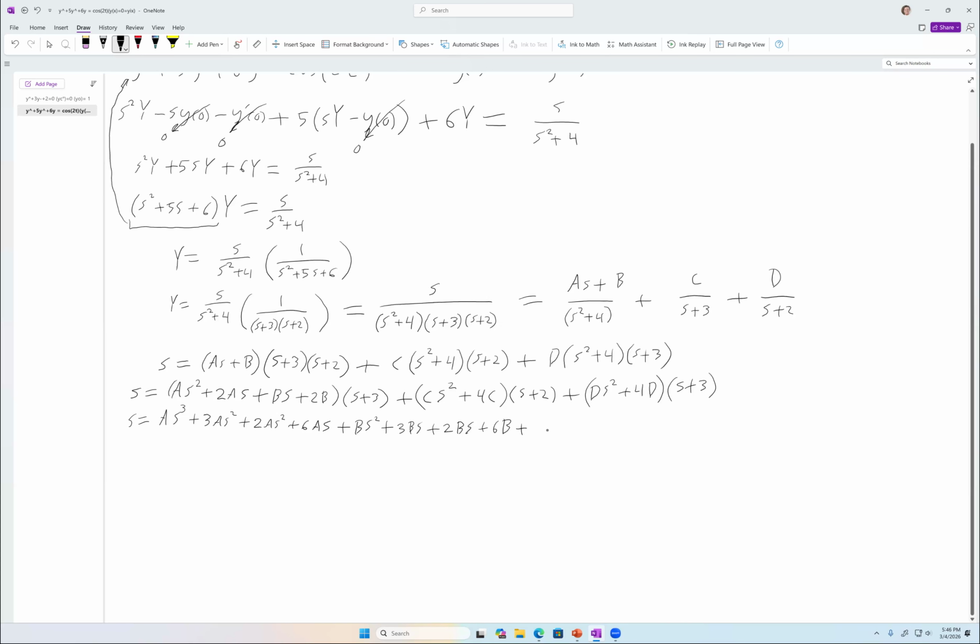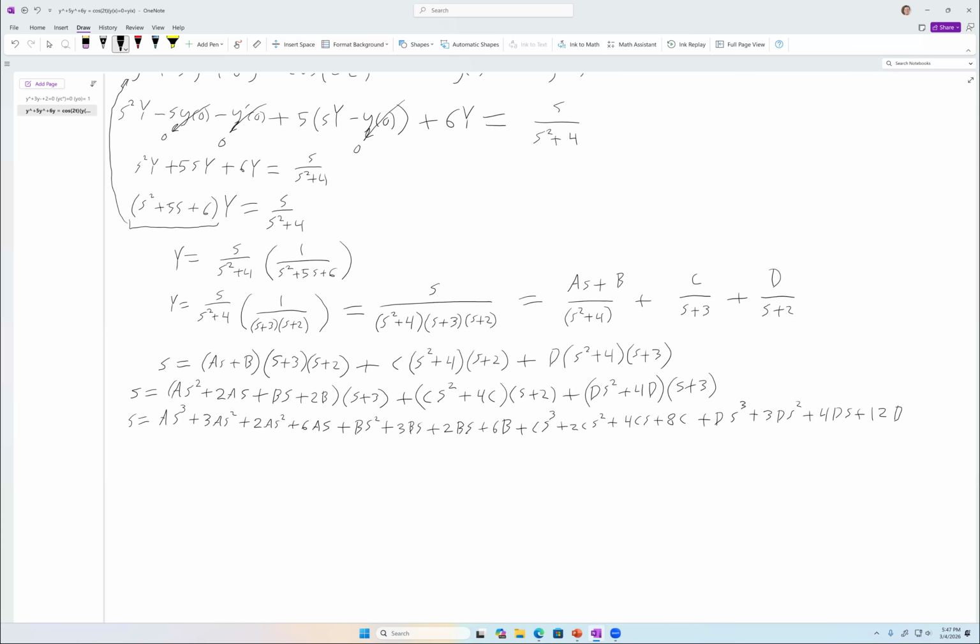And then we're going to add the next guy, which is CS cubed plus 2CS squared plus 4CS plus 8C plus DS cubed plus 3DS squared plus 4DS plus 12D. Woo! It's a long one.